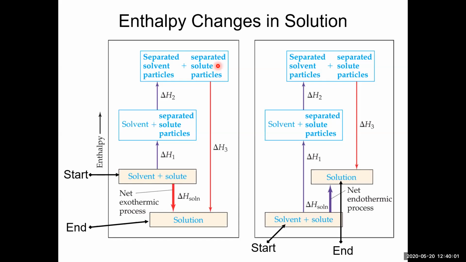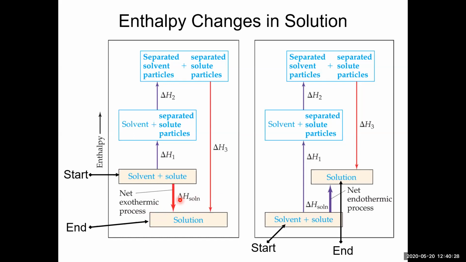Then when those solute and solvent make their, for example, ion dipole forces, boom, energy is released. This guy here is the net change in energy, because if you're putting this much energy in and this much comes out, then this is the net change. And in this case, it's a negative, it's a downward change, and that would make it an exothermic process.